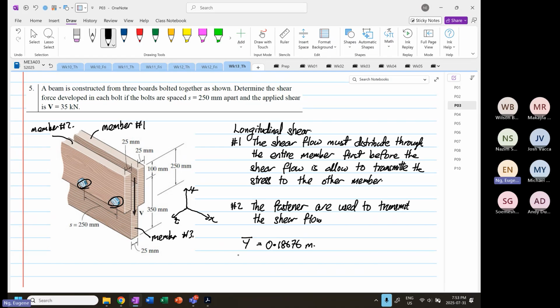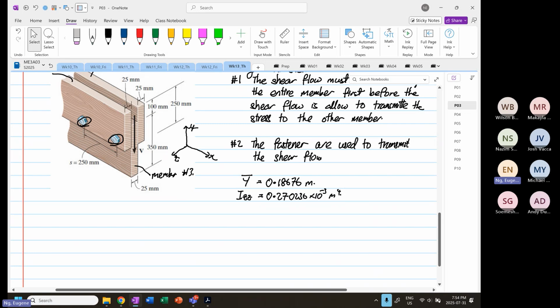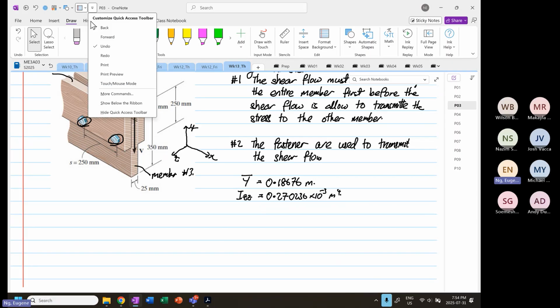And we are also given that, or we found, okay, I don't waste time down here, our Izz is 0.270236 times 10 to the power minus 3 meter 4. Okay. So now I'm going to sketch our cross section.